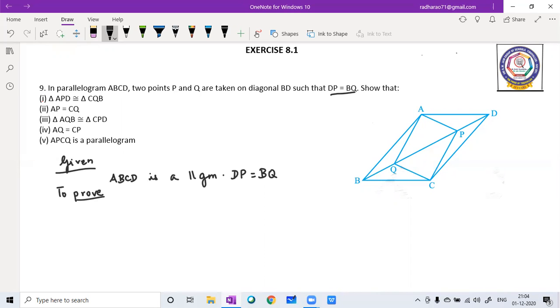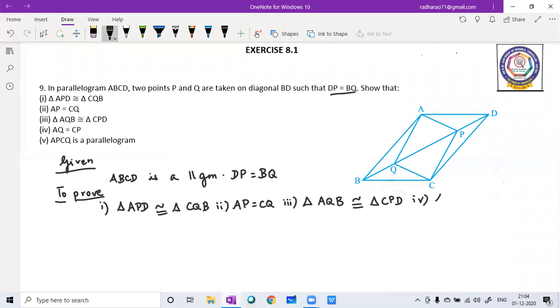The first one is triangle APD is congruent to triangle CQB. The second one is you have to prove AP is equal to CQ. And the third one is triangle AQB is congruent to triangle CPD. And the fourth one is AQ is equal to CP.